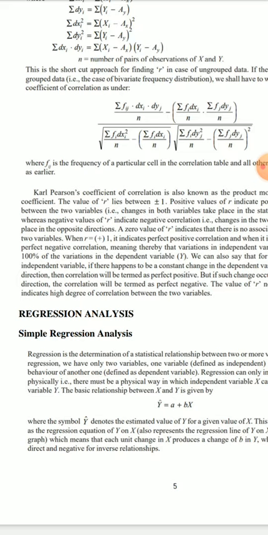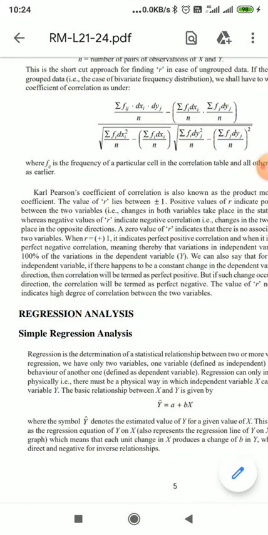When we draw a graph between x and y, we get a linear slope, which means that each unit change in x produces a change of b in y, which is positive for a direct and negative for an inverse relationship.